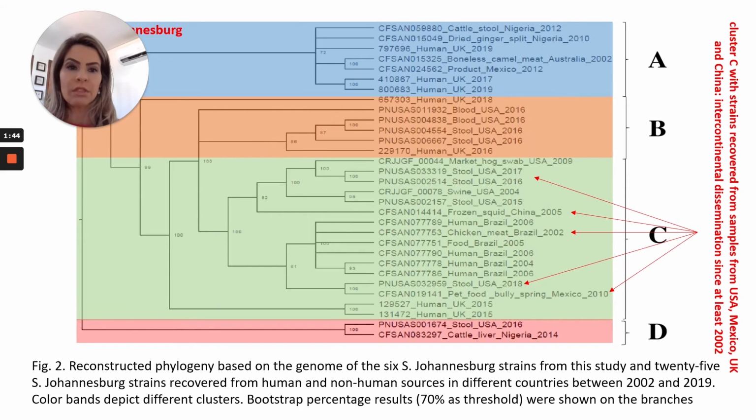For S. Johannesburg, we observed that our samples grouped with other samples from the US, UK, and China, isolated from a range of different sources, suggesting an intercontinental dissemination since at least 2002.